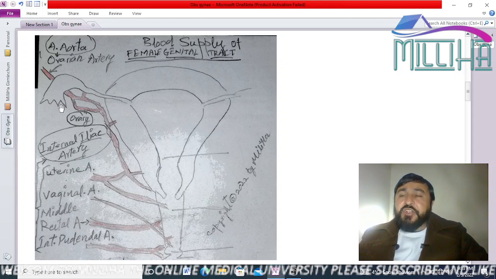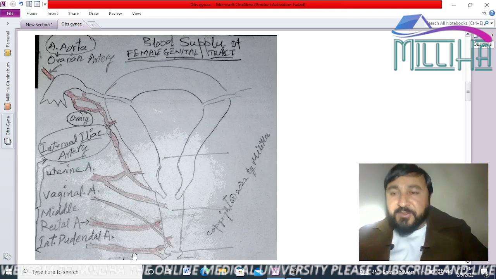The lateral one-third of the fallopian tube is supplied by the ovarian artery, and the medial two-thirds is supplied by the uterine artery. This is the uterine artery, and the uterine artery is a branch of the internal iliac artery. The vaginal artery supplies the vagina, and the middle rectal artery also supplies the vagina, and the internal pudendal artery also supplies the lower part of the vagina.